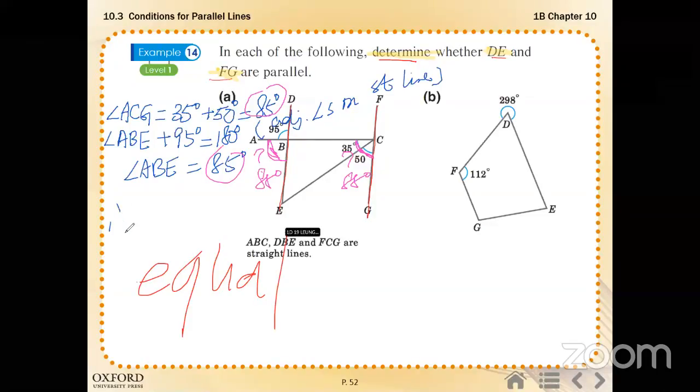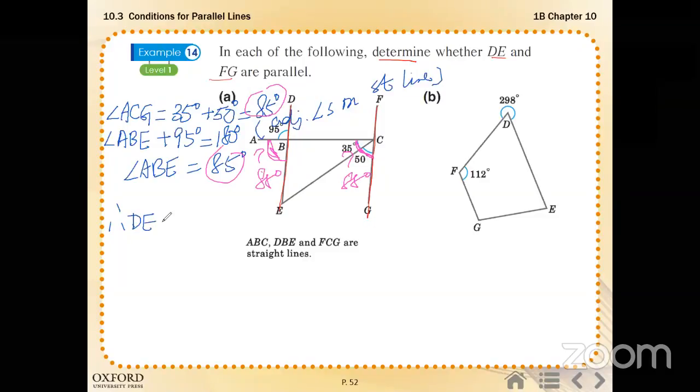It means what you have got now: I know that DE parallels to FG. And then tell people why you know that. What kinds of information tells you about that? Because I have found the corresponding angles equal.